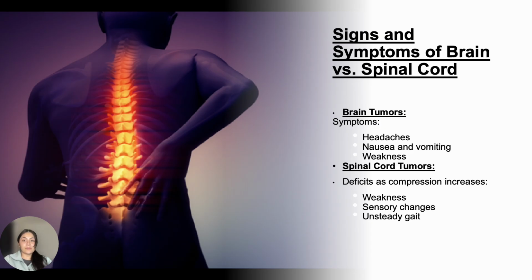Also, unsteady gait or difficulty walking, and progressive loss of coordination in later stages. Severe spinal cord compression may include bowel and bladder dysfunction, severe weakness, or even paralysis below the level of the tumor. Prompt detection and treatment are essential to prevent permanent neurological damage and to improve patient outcomes.